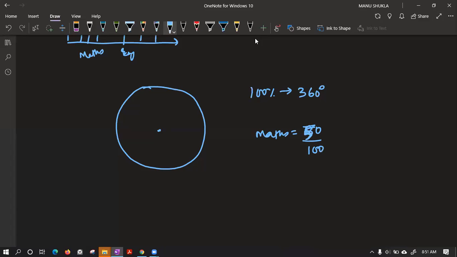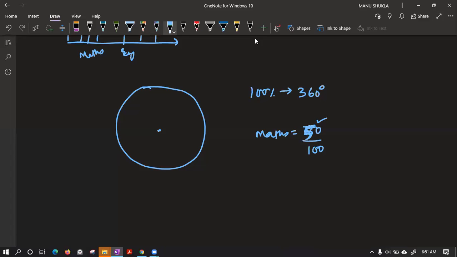Suppose a student has got 50 out of 100, how much angle will we use for these 50 marks in the pie chart? Please tell. Good Shaurya, good Ananya. Others please try. Saurabh, very good. Yash, good beta. This was very easy to answer.